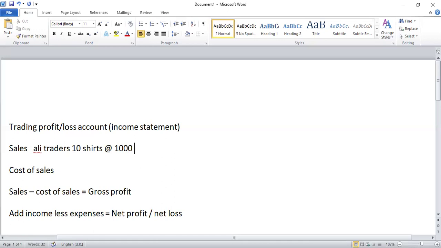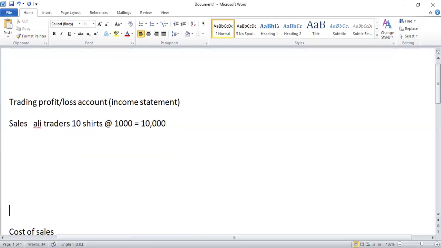This means their total sales will be 10 multiplied by 1,000, which gives us 10,000. So the total sales is 10 by 1,000, that is 10,000.